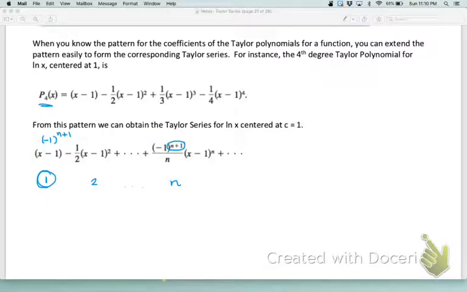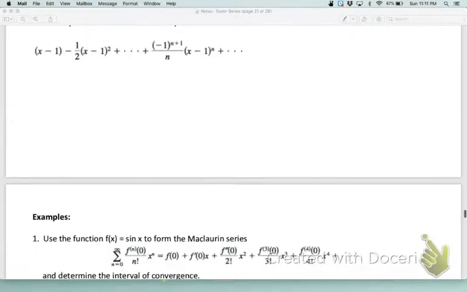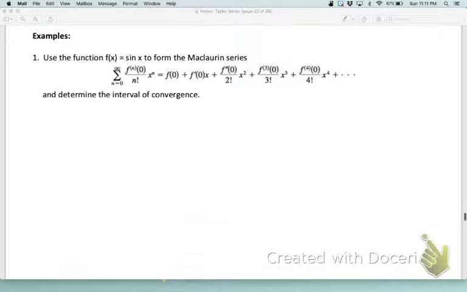That's how we're going to get the signs, okay? Notice that that's not the same as how it worked up here. That was n to the 0, n to the first, and so on. So this one would have just been negative 1 to the n is how that would work out. So we're looking at a new series when we start putting this together, and that's something that we're going to pay attention to on these examples, okay?